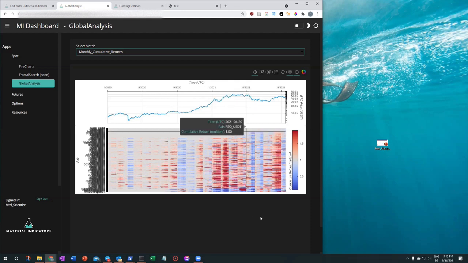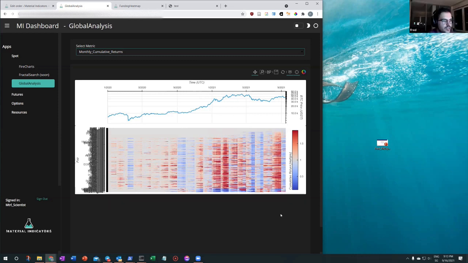There's a lot of blue at the bottom relative to the red. The coins are not sorted alphabetically. They're sorted by cumulative return at the last value. So all the negative return coins are at the bottom, and the most positive are at the top.